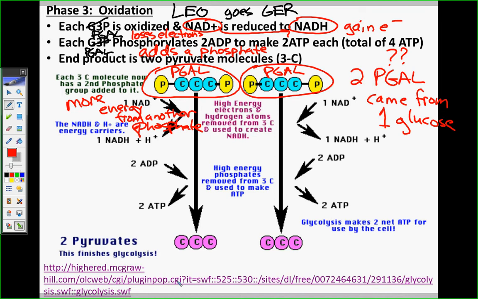What happens right here? What's this process called? Reduction. Why is it reduction? Because it's gaining hydrogen, gaining energy, gaining an electron. Remember what we did earlier? A positive plus a negative electron equals a hydrogen.